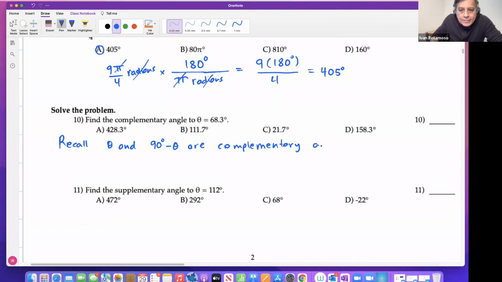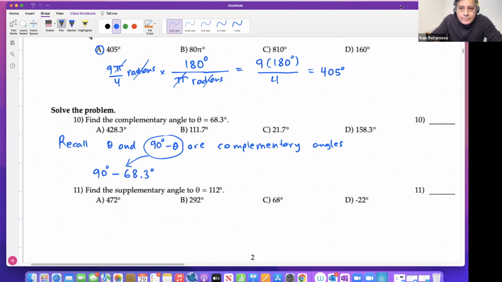Based on that, there is sort of a formula to generate complementary angles when an angle is given, and it's this: 90 degrees minus the angle that they give you, right?